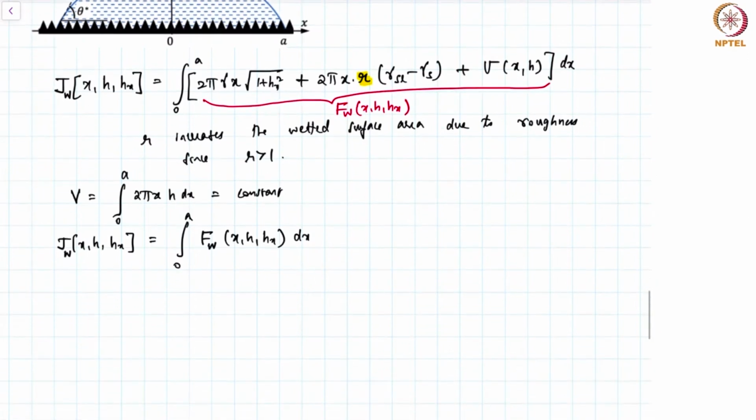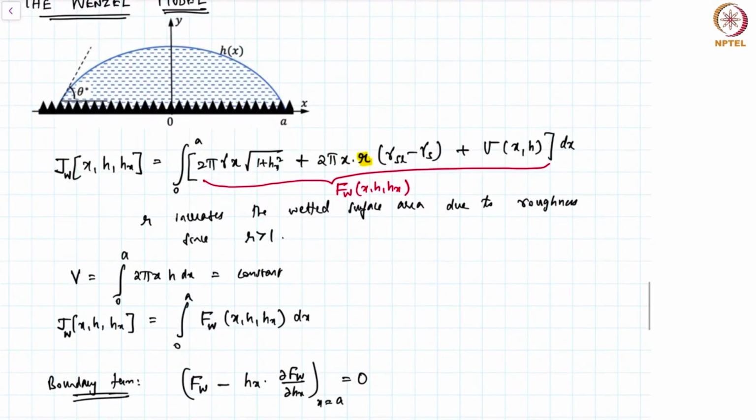We'll follow the same analysis that we have here. The boundary term essentially gives me fw minus hx times del fw by del hx evaluated at x equal to a. Note that the droplet, from the top view, still looks like a circle of radius a.